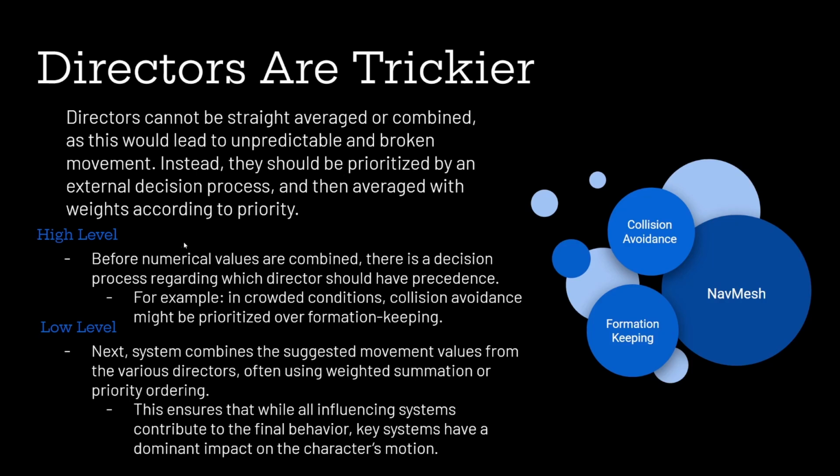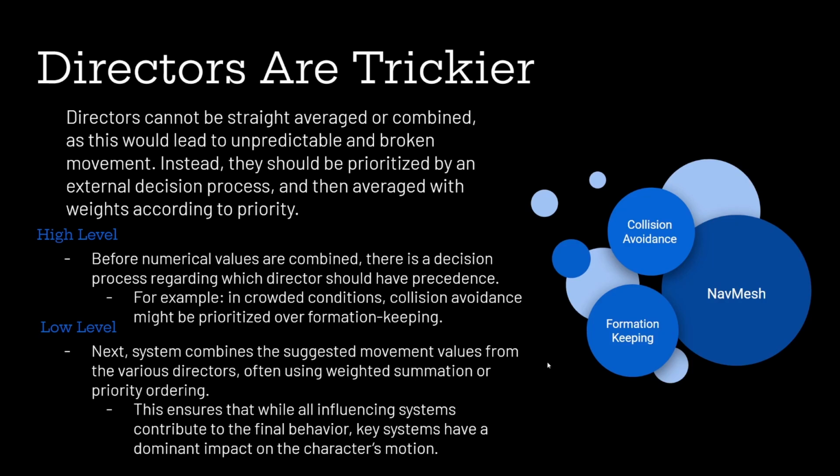And on the high level, we first figure out which systems should be prioritized in that current moment, right? So if a character is in a really crowded condition, then they're probably going to want to prioritize their collision avoidance over their formation keeping.